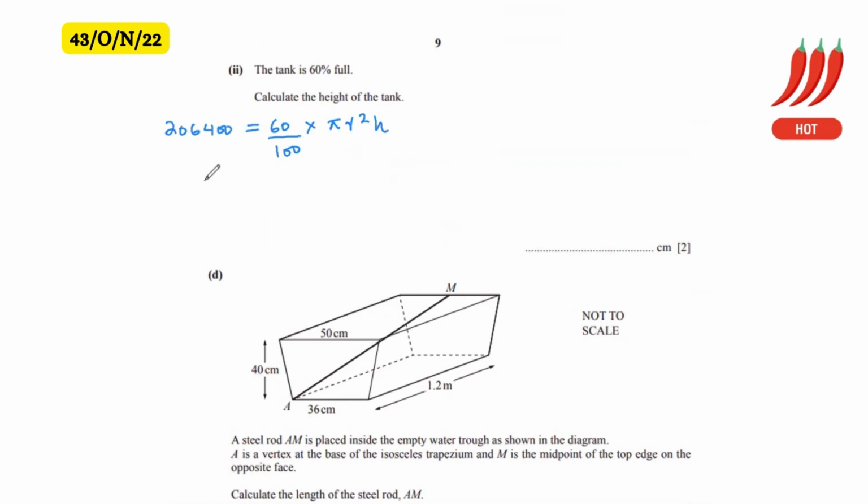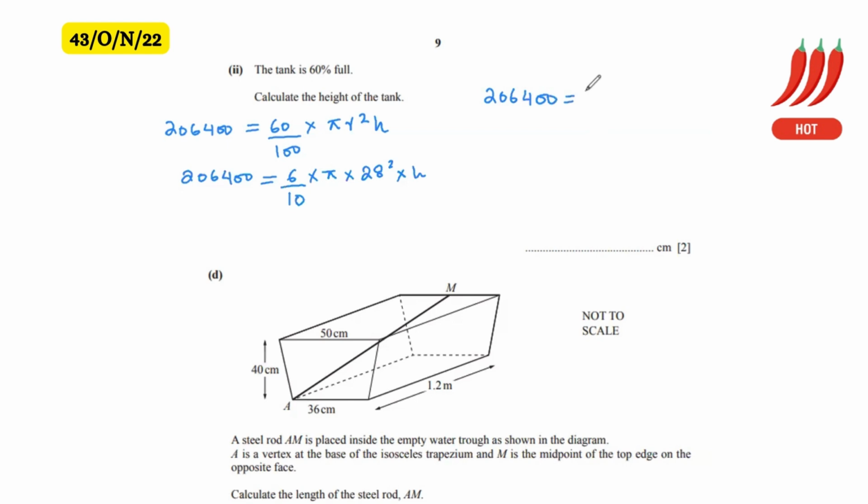So radius was found to be 28. 206,400 equals 6 over 10 times pi times 28 squared times height. So that's 6 times pi times 28 squared divided by 10.